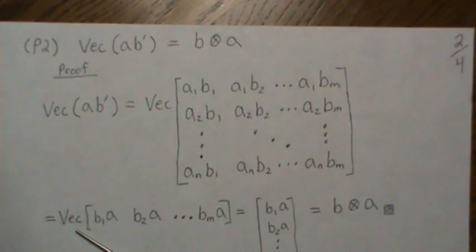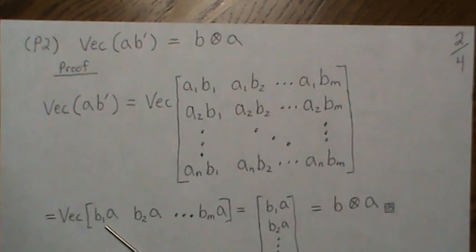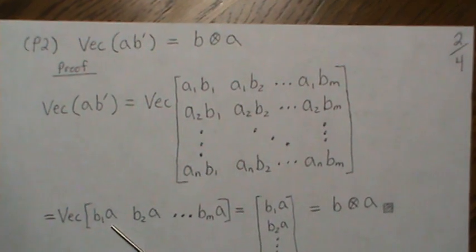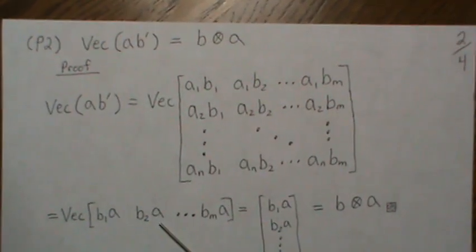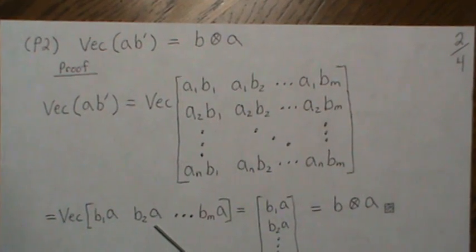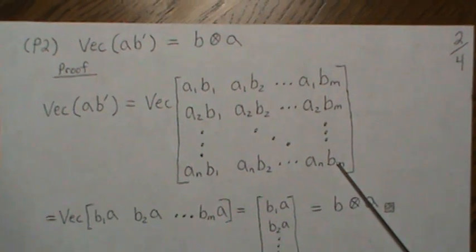So the Vec comes down, and this first column can be thought of as B1 times the vector A, and then you get this back. And the same way, B2 times the vector A, all the way to BM.